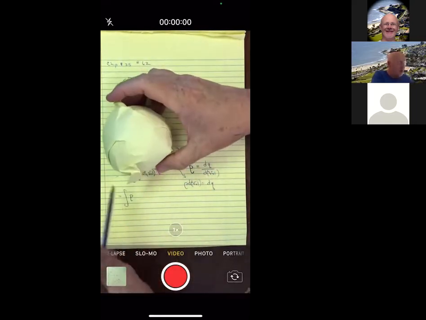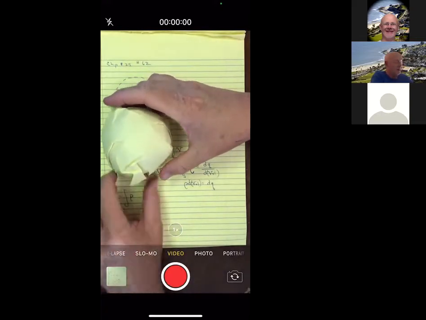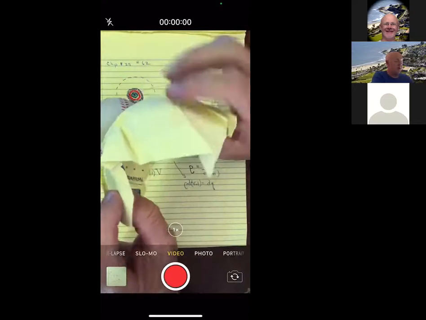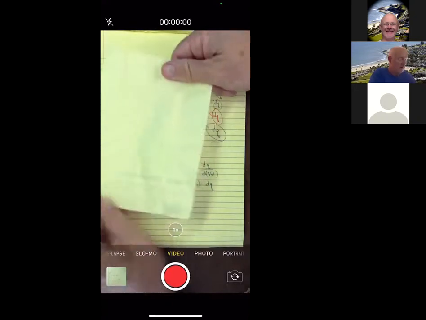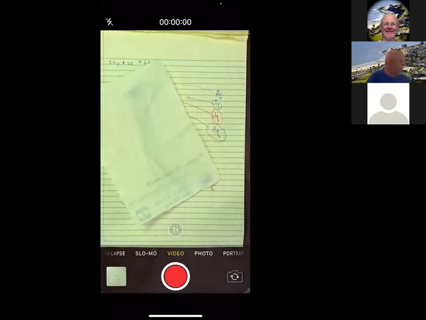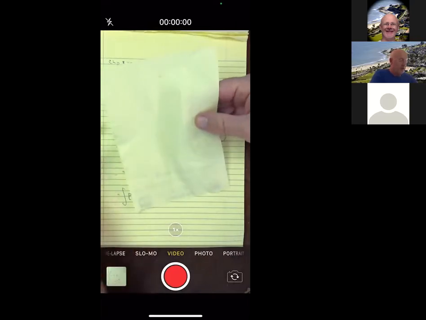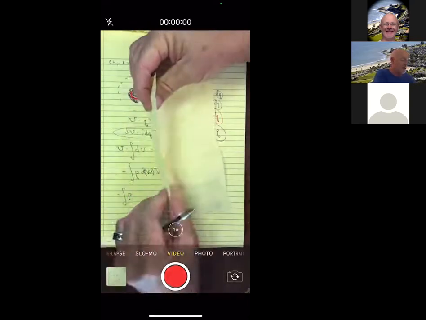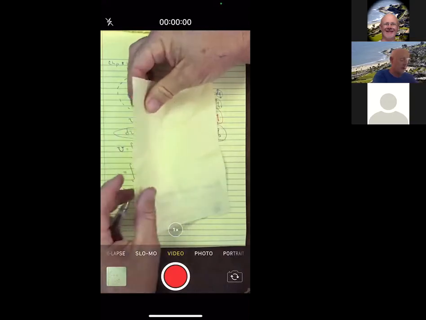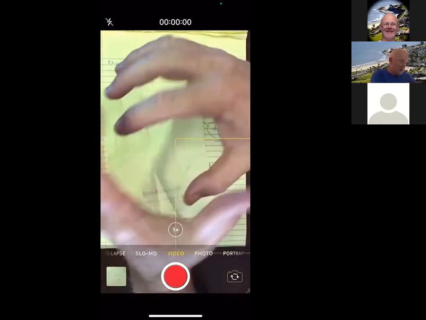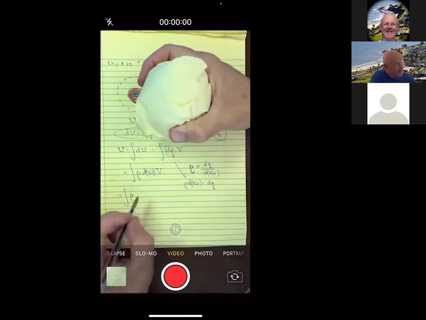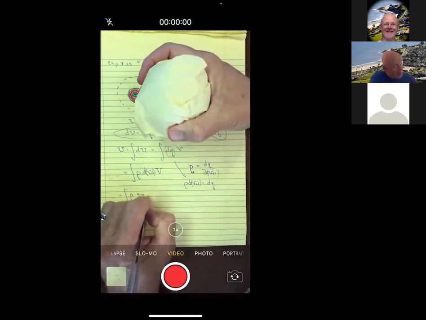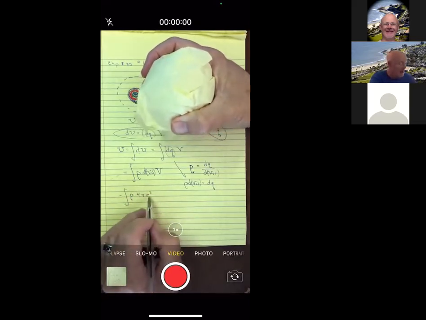What is the volume of this? I think it's easier to see the volume once you take it off and straighten it out and say, okay, what's the volume of this piece of paper? It would be its length, its width, and its thickness. Its length and its width would be the surface area. As I pack this in, the surface area would be 4 pi and whatever radius I'm at.